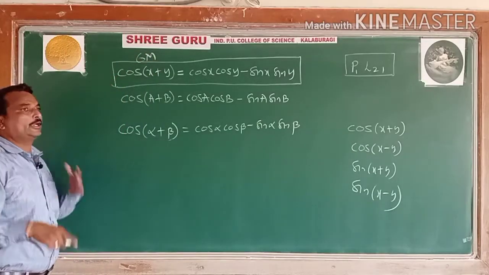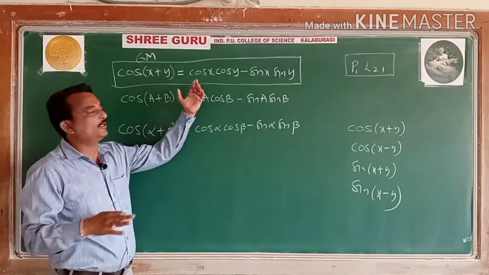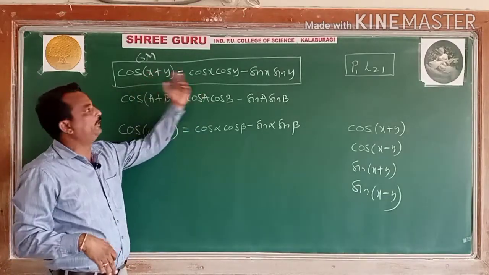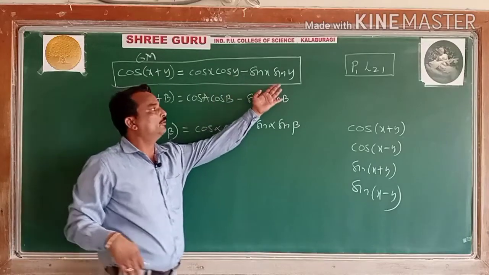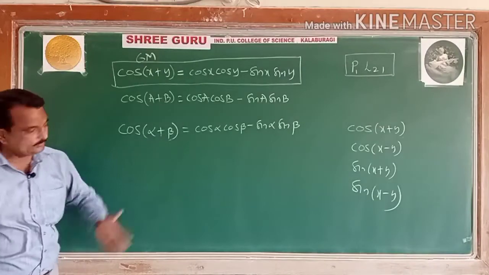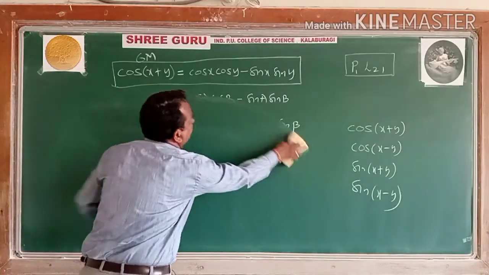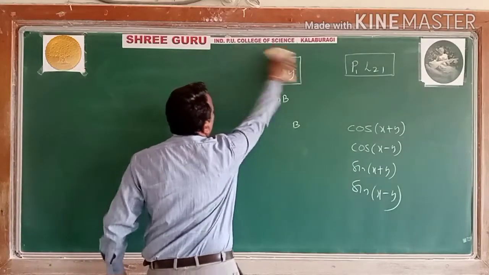We took a unit circle with the x angle and the y angle, then it becomes x plus y, then the minus y angle. We constructed it and proved it in the previous class. Now let us write these four formulas once again.